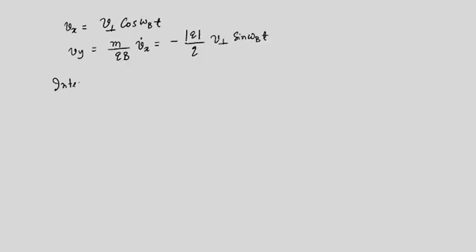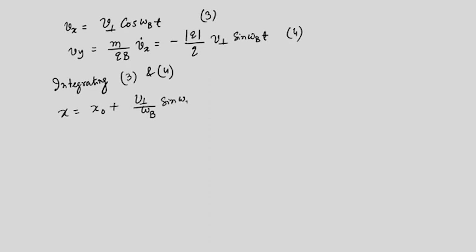So, if you integrate and want to know how the trajectory looks, then integrating these equations, we have already written 1 and 2, so this could be 3 and 4. Integrating 3 and 4 and using some initial conditions, x is equal to x0 plus V perpendicular divided by omega_b times sine omega_b t, because I integrate it with respect to t.